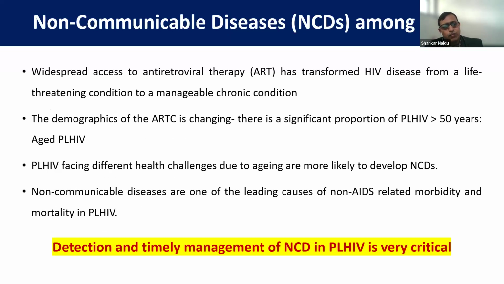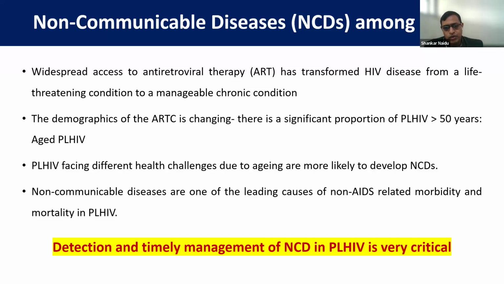So why is it important for us to screen all PLHIV for NCDs? Because, as we know, with the use of effective ART, the lifespan of these patients has improved significantly, and the disease, which was initially thought to be life-threatening, we now refer to as a manageable chronic condition. Also, a significant number of patients coming to our centers are more than 50 years of age. As we all know, non-communicable diseases are more common as age increases.